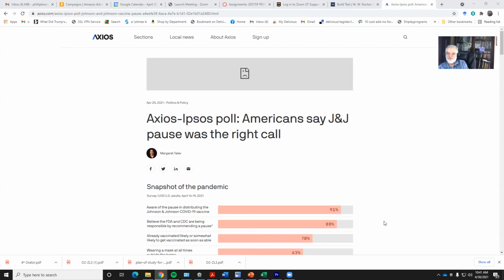Let me put it another way. To some extent, maybe we shouldn't even be looking at this because it seems like the pause is limited only to women and women of a certain age.